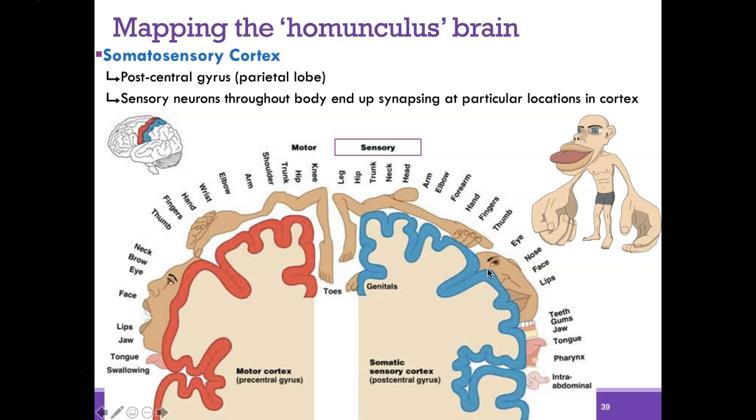So if we hurt ourselves or position ourselves a certain way on our hands, we have a lot of nerves, a lot of receptors that will synapse eventually to the sensory cortex at these specific locations. These specific locations on the somatosensory cortex were mapped according to where they perceive information from.